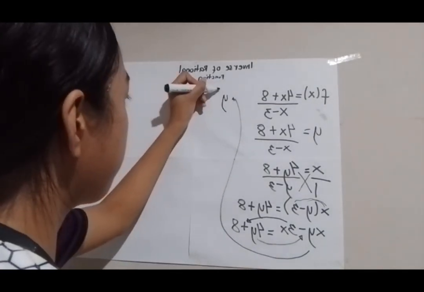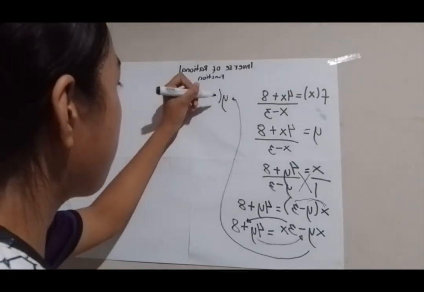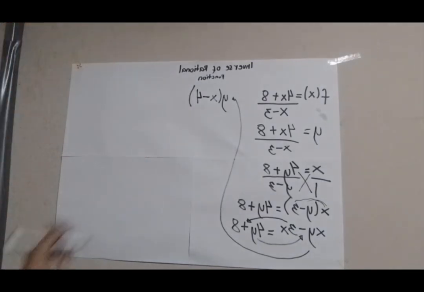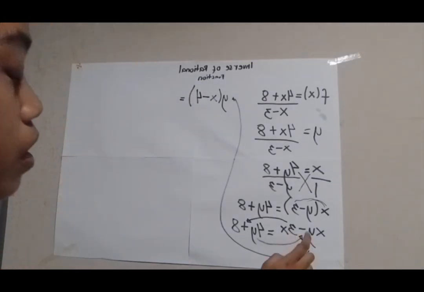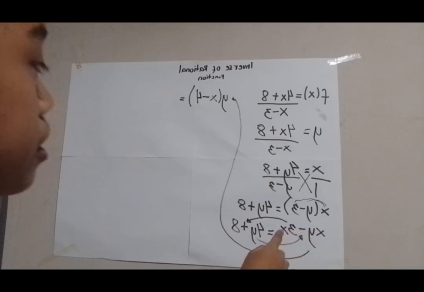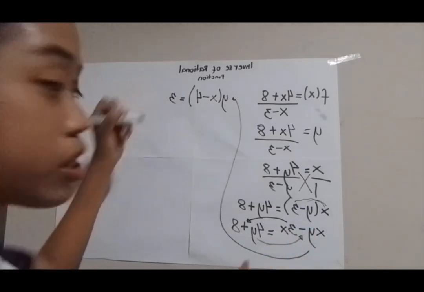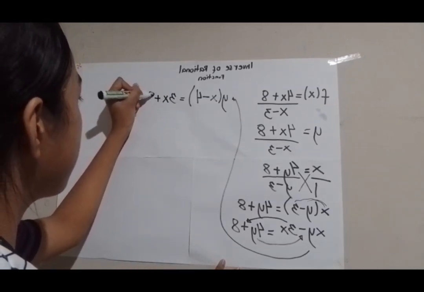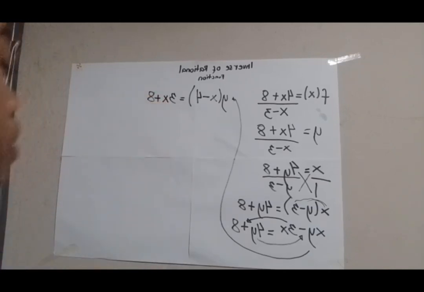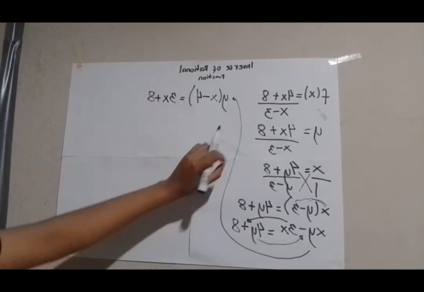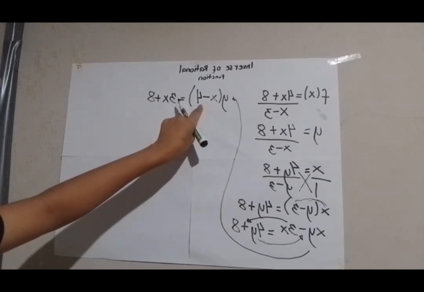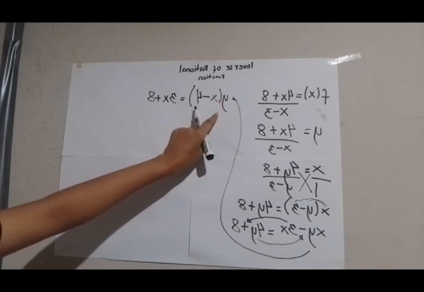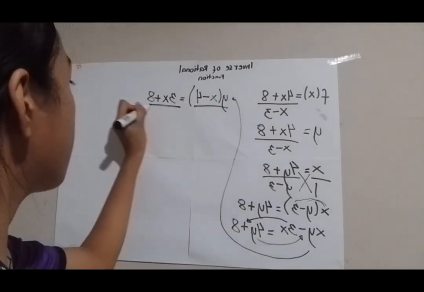So y times (x minus 4) equals, the negative 3x becomes positive 3x because we transpose, plus 8. Here we divide both sides of the equation by x minus 4 to be able to isolate the y.